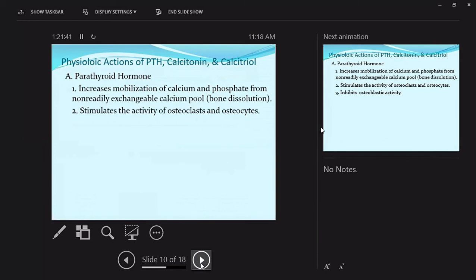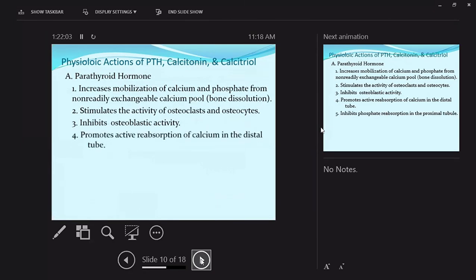It stimulates the activity of your osteoclasts and osteocytes. It inhibits osteoblastic activity because of bone dissolution, okay?